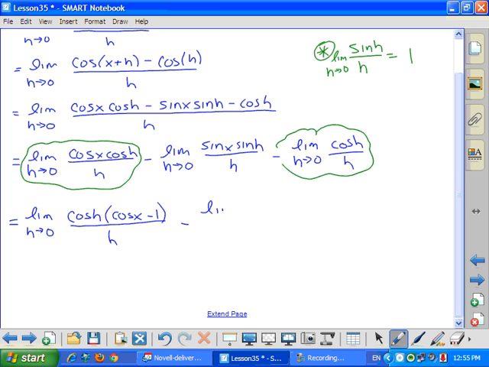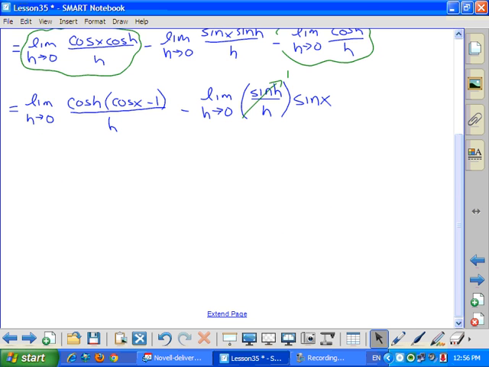Minus, and then the remaining fraction, I'm going to write as sine h over h multiplied by sine x. If we analyze that limit, because I have sine h over h like I did before, that goes to 1, and sine of x just stays sine of x. There's no h in there, so there's no term to be concerned with.